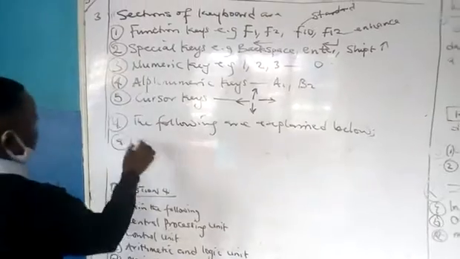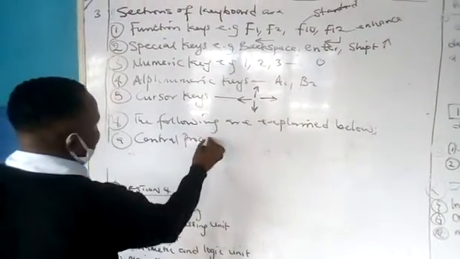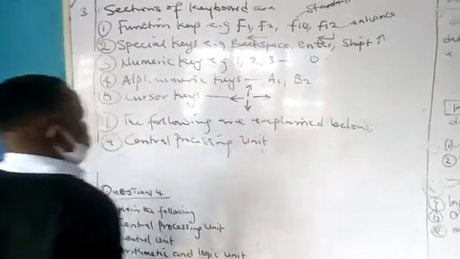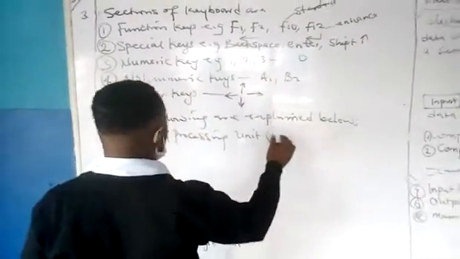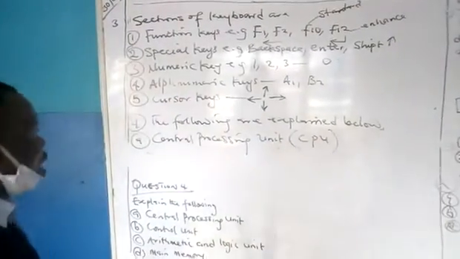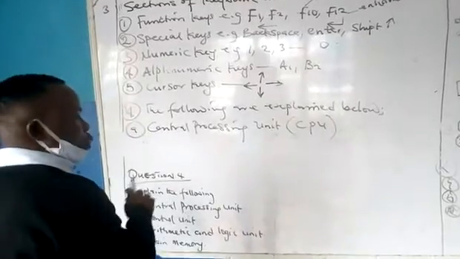A, central processing unit. It's also called what? CPU, which you always shout. The case system is CPU.